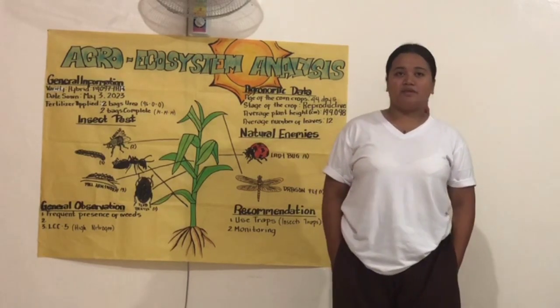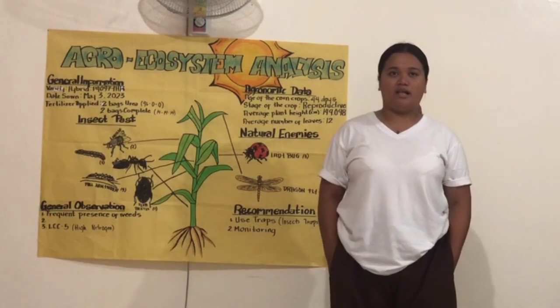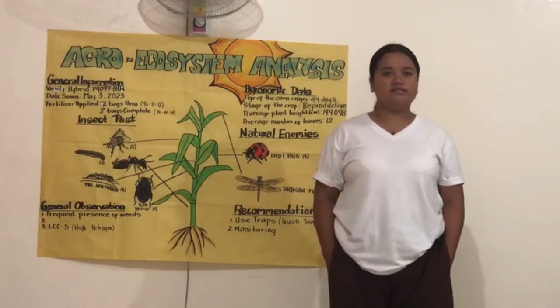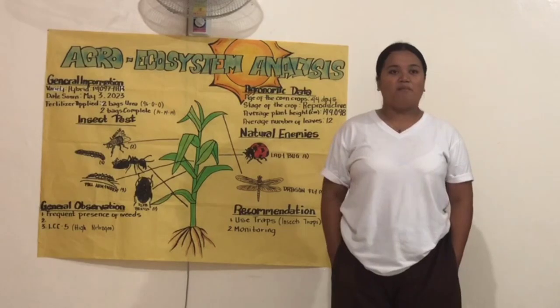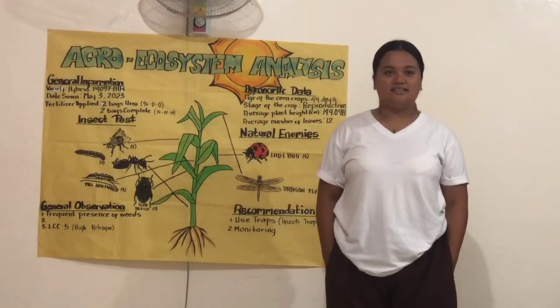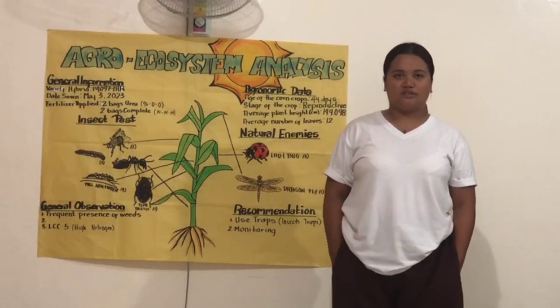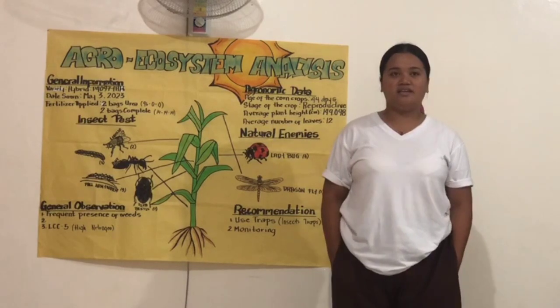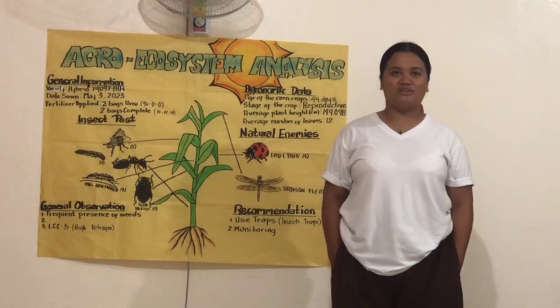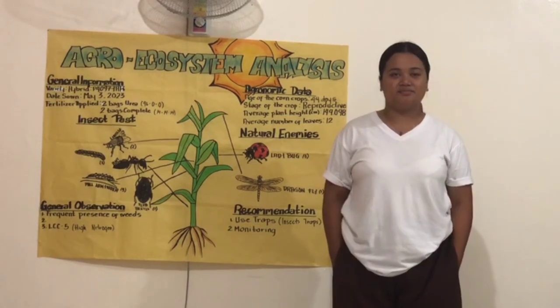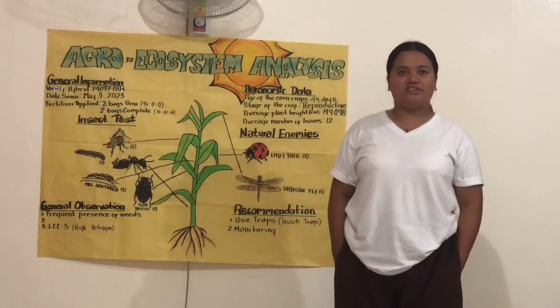Here are some key components of agro-ecosystem analysis, including biotic factors, abiotic factors, interaction and relationship, biodiversity, and human factors. So first, the biotic factors.